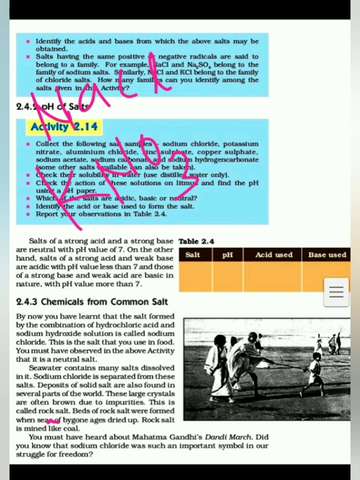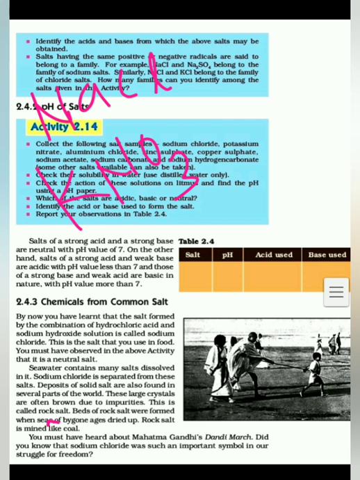As we learned about strong acid and strong base: what is a strong acid? The acid which releases H plus ions in more quantity is called a strong acid. And weak acids are the acids which do not ionize completely.